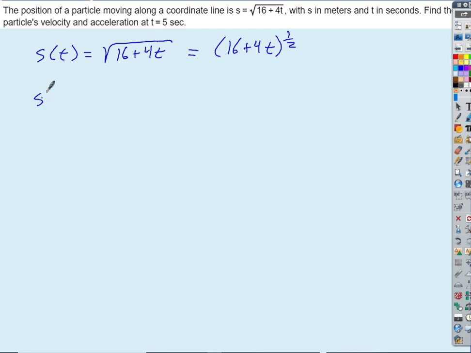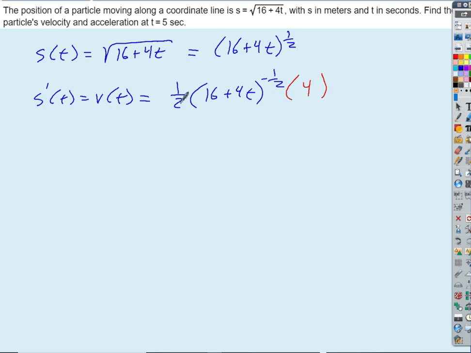Then s prime of t is v of t, and what's that going to be? We have outer layer, something to the 1/2. The derivative of that is 1/2 times that something to the minus 1/2, times the derivative of the inside, which is 4.